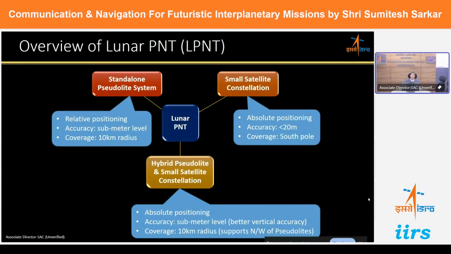Then there is another approach which combines a small satellite constellation like GNSS around the Moon plus the pseudolites. If you can combine these two things, then you can get a very good accuracy, but over a smaller region, maybe up to 10 kilometers. The accuracy you can get may be up to sub-meter level also. Next.